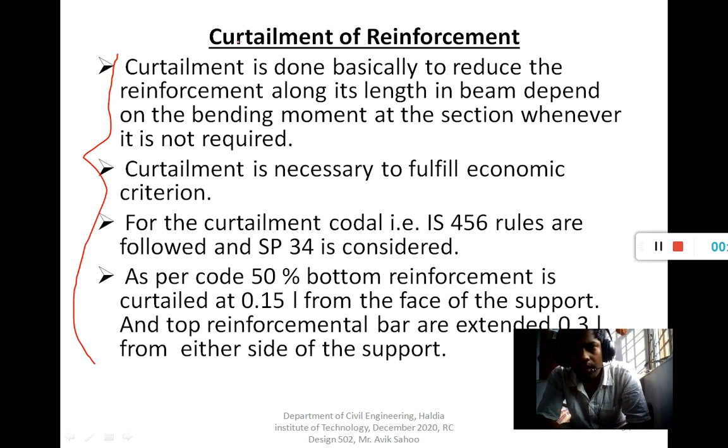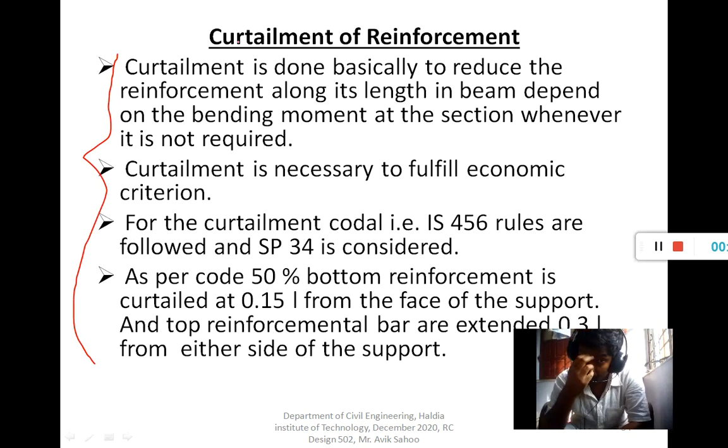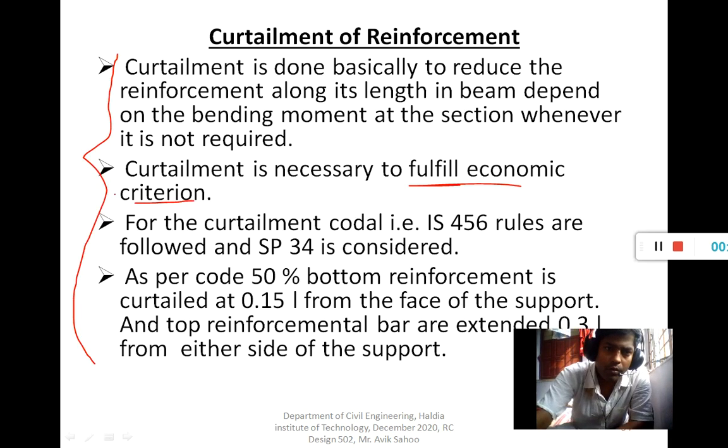Curtailment is done basically to reduce the reinforcement depending on the bending moment at the section, whenever it is required, and curtailment is necessary to fulfill the economic criteria, so you can make it cost effective where the steels are not required. So unnecessarily we are not using large reinforcement.